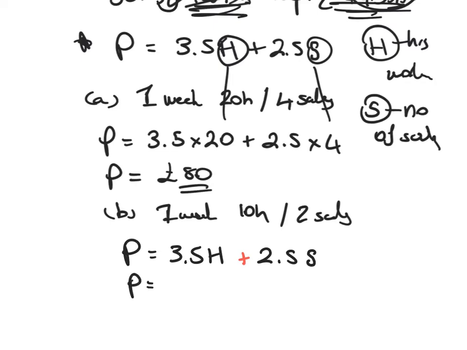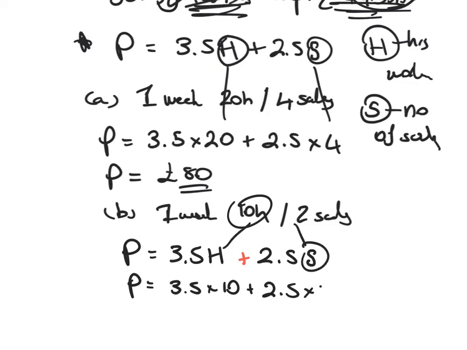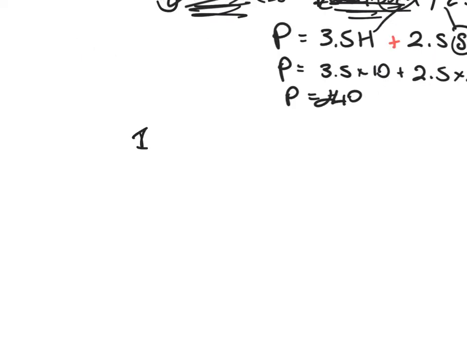So this time it's going to be 3.5 lots of the 10 hours plus 2.5 lots of the sales, which is 2. So we can put that in the calculator again, and that will give me £40.